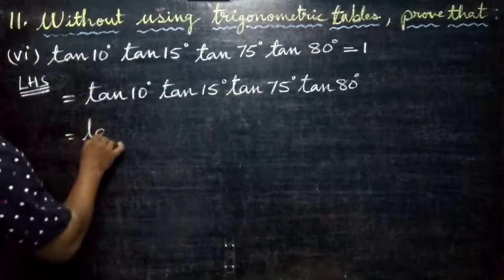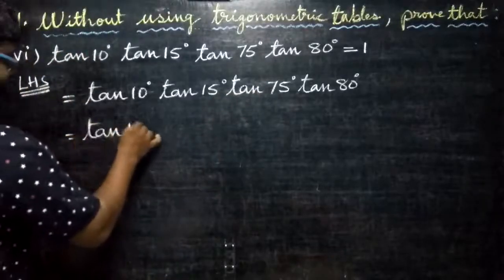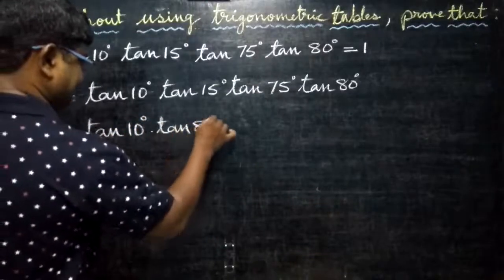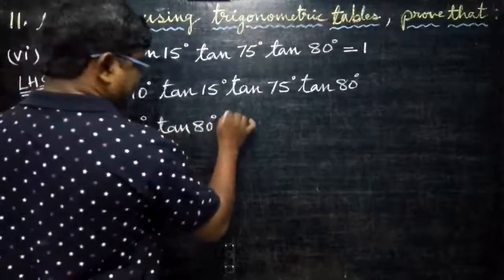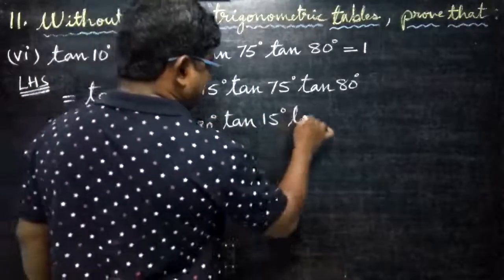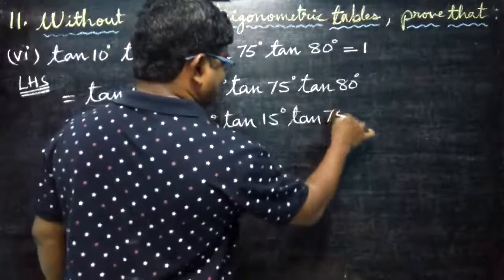So here a small change I am doing: tan 10 degrees into tan 80 degrees, again into tan 15 degrees into tan 75 degrees. Combination.